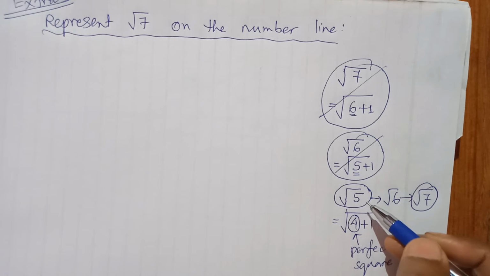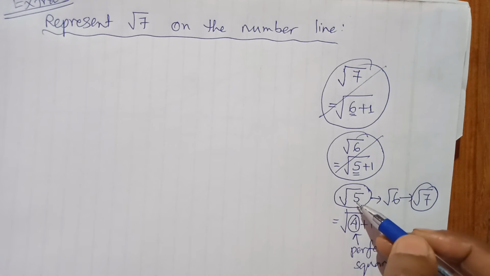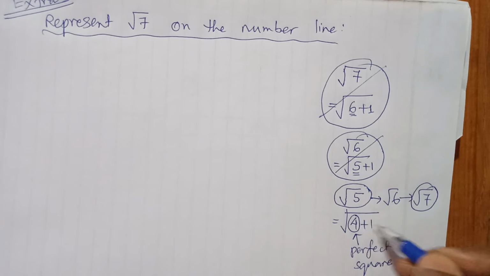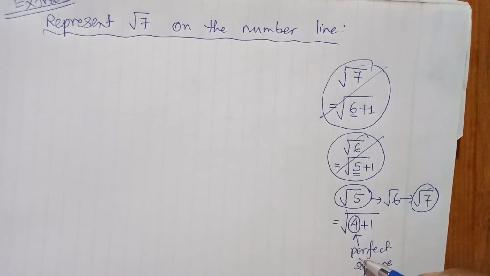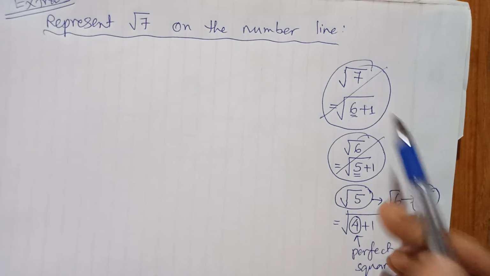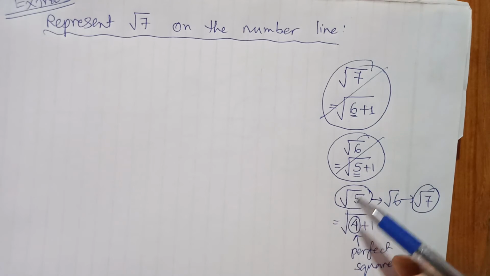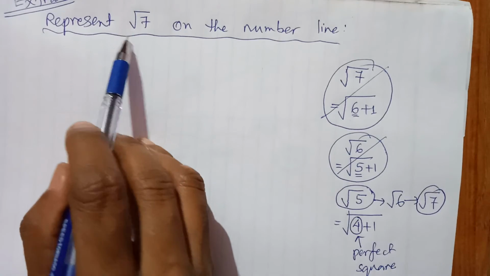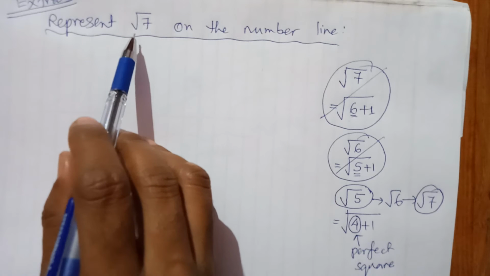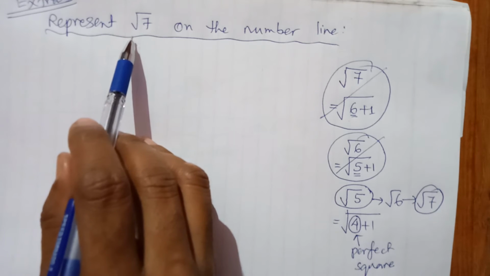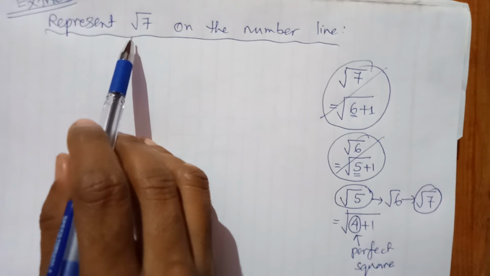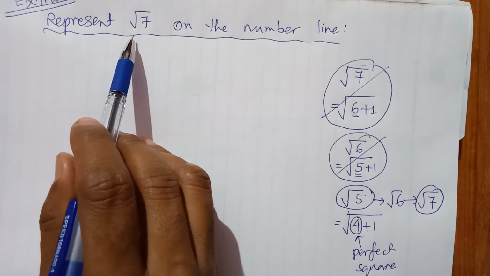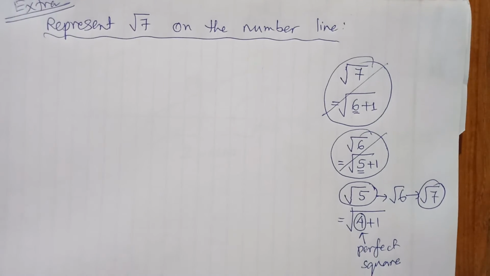Why am I choosing root 5? Because root 5 can be written as 4 plus 1 where the larger number is a perfect square. But for 7 and for 6 it is not possible. So to represent root 7 you have to go from root over 5. Now already we have represented root over 5 on the number line. Do that.